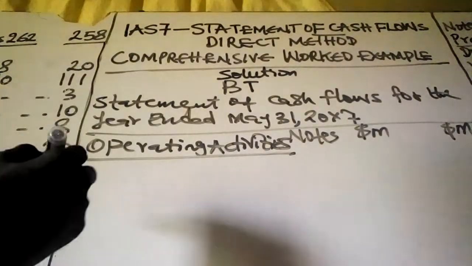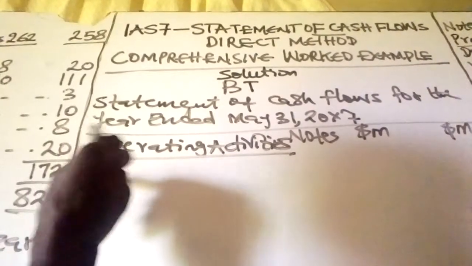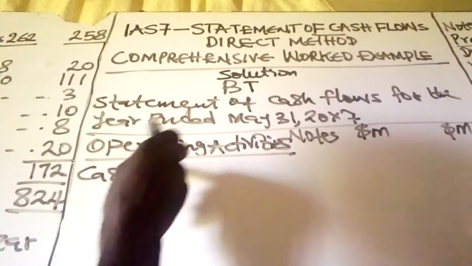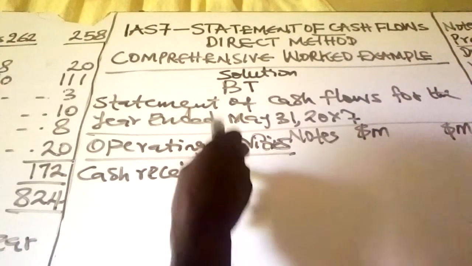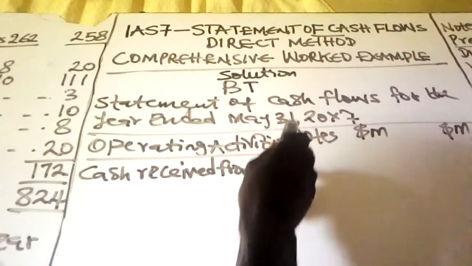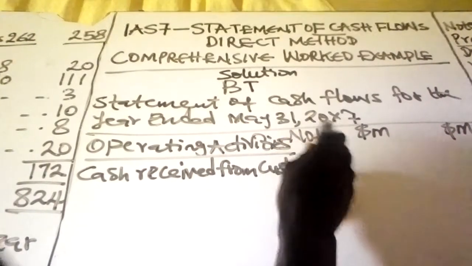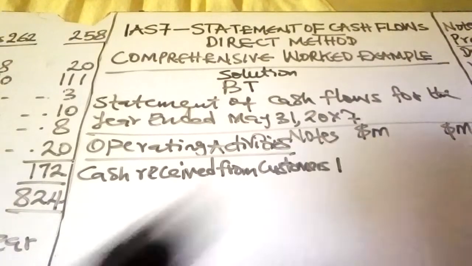Cash flows under this include cash received from customers. Let's have that as note 1.